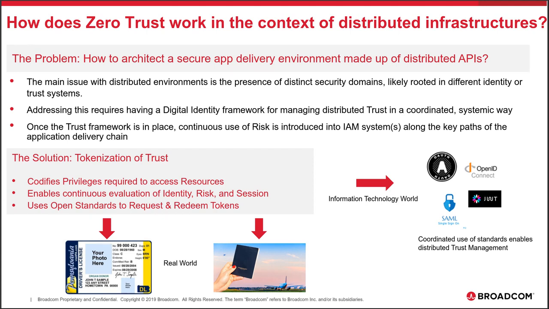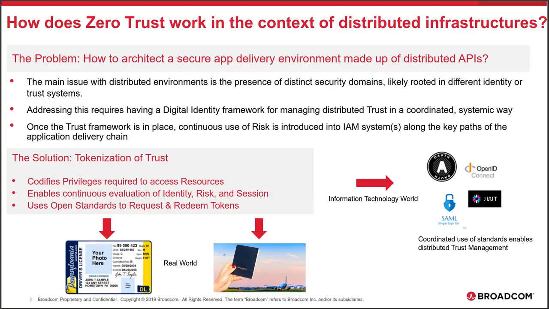And if you take a step back, we actually do this today in the real world. We use passports. A passport is a great way to manage trust. The trust has been tokenized with passports so that we're able to get onto airplanes and get into different countries. And then countries trust the token called a passport. Same thing with a driver's license.